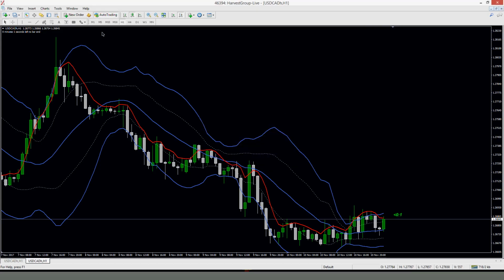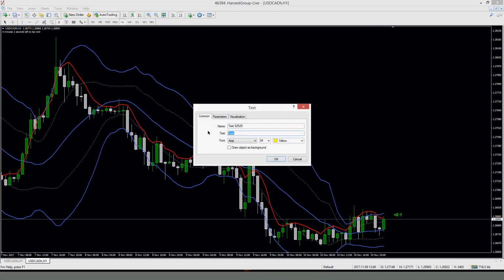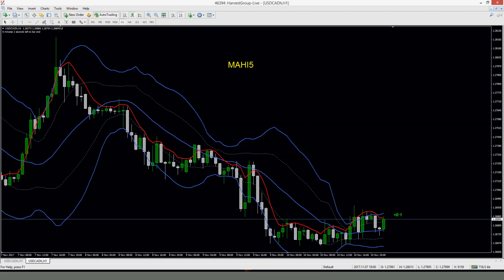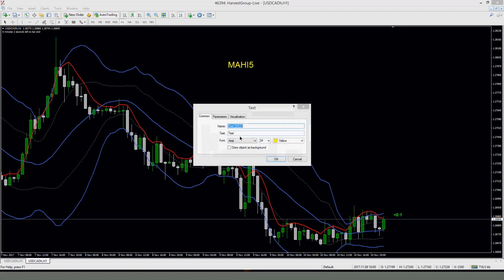So obviously, what we need to understand about MA5 high is that there are two functions for this.